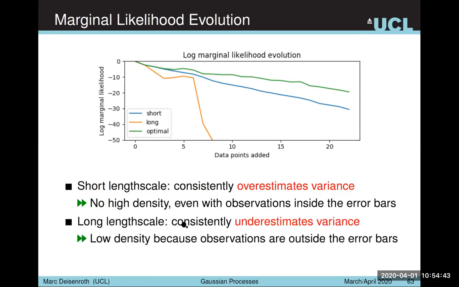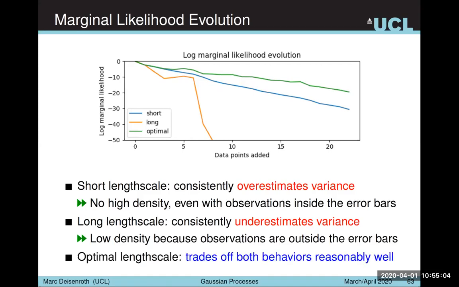The long length scale consistently underestimates the variances, and most of the observations are outside the error bars. That's a big problem as well, because then we cannot explain the data. And if we choose the optimal length scale, then that one trades off both behaviors reasonably well. Maybe we can also tie this back to the explanation that we had earlier of fitting the data and having relatively low model complexity. It's a question.